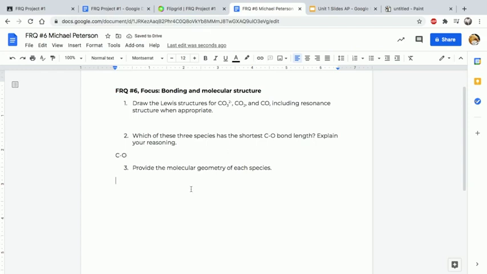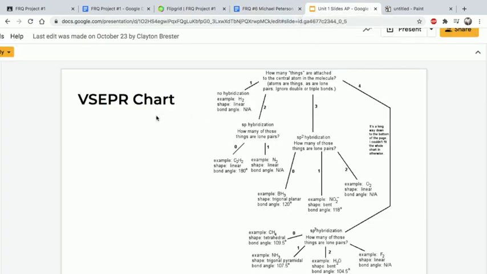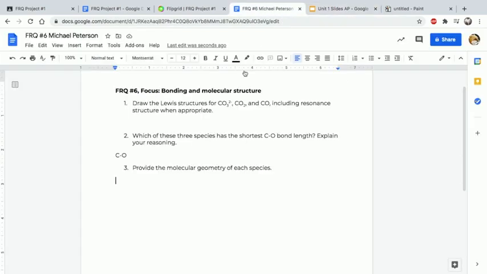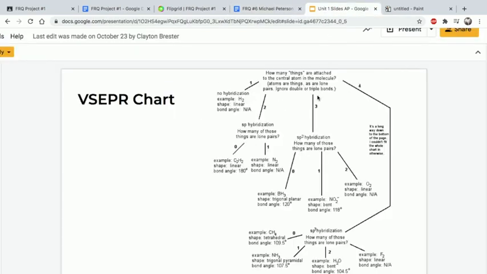Provide the molecular geometry of each species. So to do this one, we go on to Brester's handy VSEPR chart, and we just go down the thing. So for CO3, we can see that it has 3 bonds.